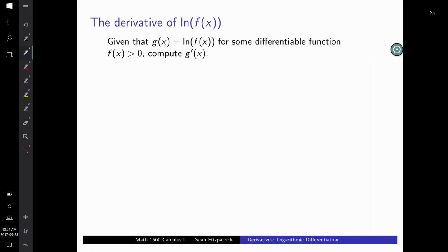So first of all, let's see how things work. How do you take the derivative of the log of some function?